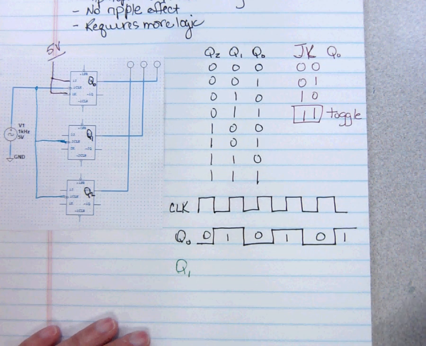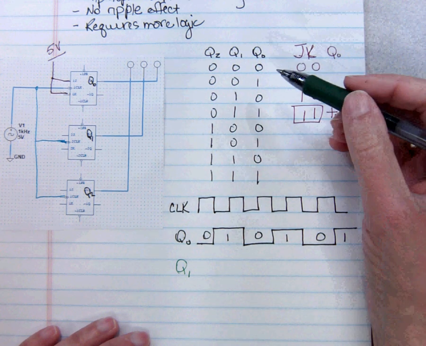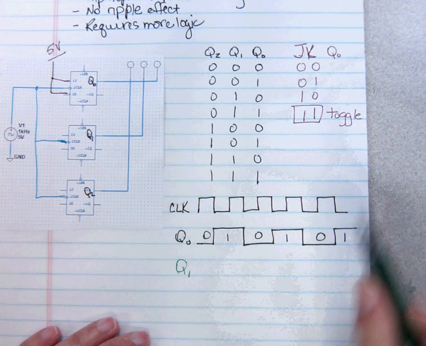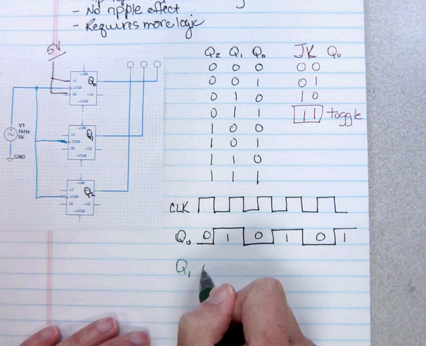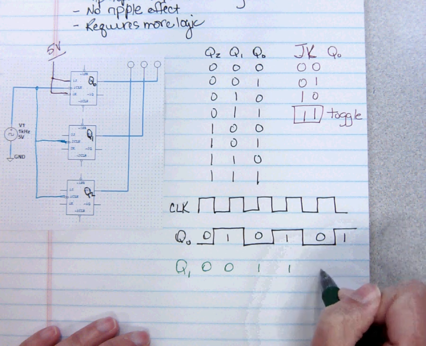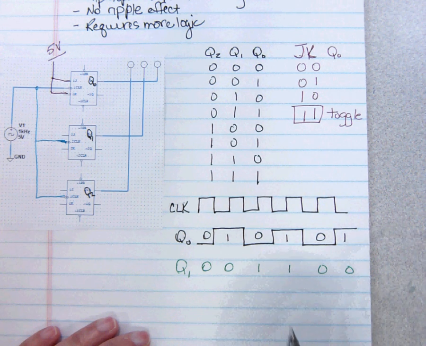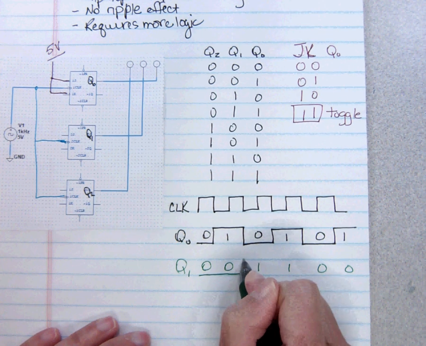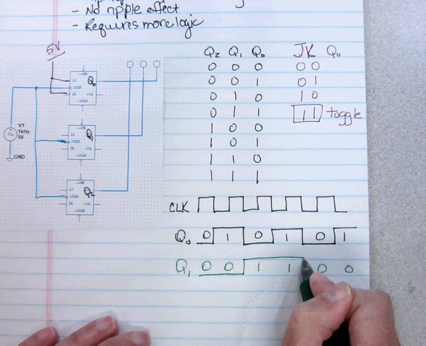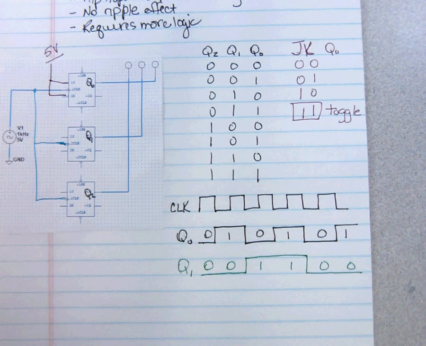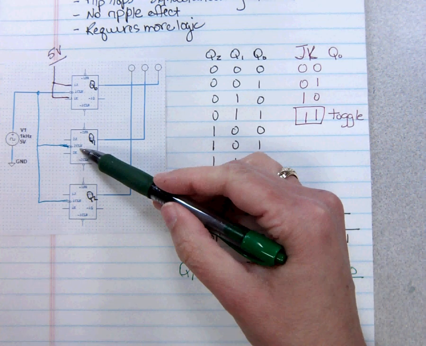Okay, so now we're going to go to Q1. Now let's look at what we want Q1 to do. Q1, we want it to be at half the frequency of Q0. So I want it to register 0, 0, 1, 1, 0, 0. The output should look like this. Rise to 1, fall to 0, etc. Now remember that we've already connected it to the clock.